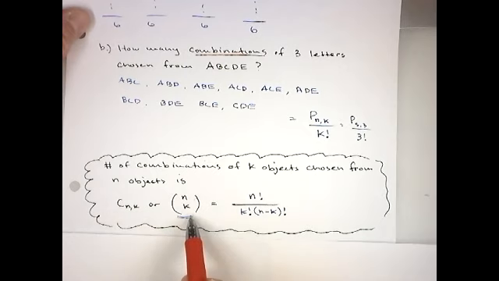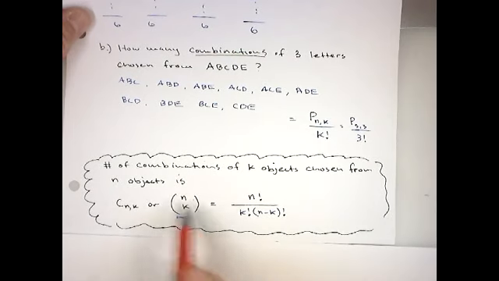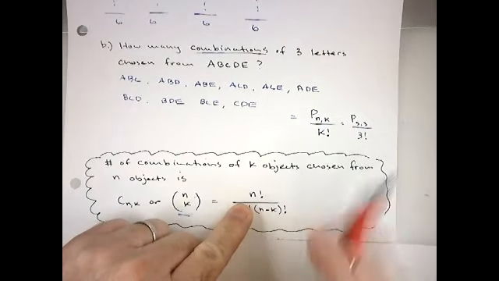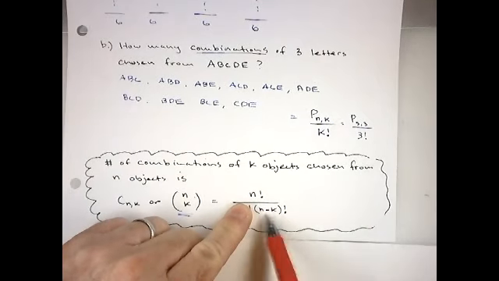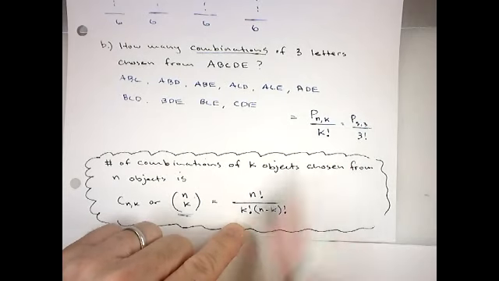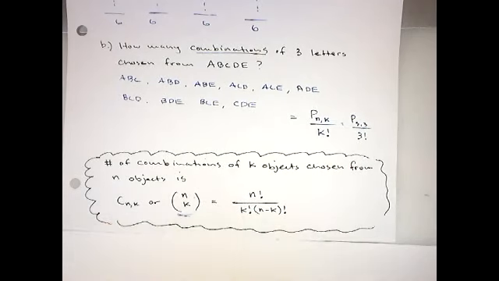Or what's very common with combinations is something that almost looks like a matrix or a vector that we've talked about earlier, but it's read as n choose k. You should recognize n factorial over n minus k factorial as the number of permutations, and we're just going to divide it by k factorial, so we just have an extra k factorial on the bottom.